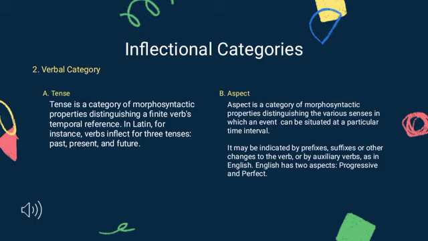Perfect is an event that is already completed. For example, I have finished my work. Even though finishing the homework is the completed action, the focus is on the fact that the action is done and that the speaker no longer has the homework obligation.